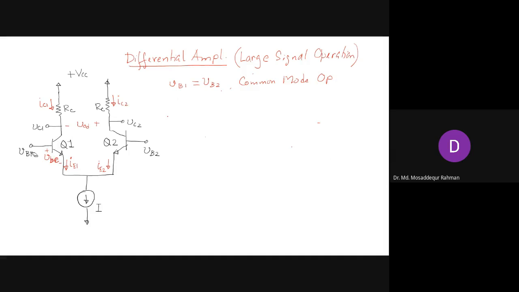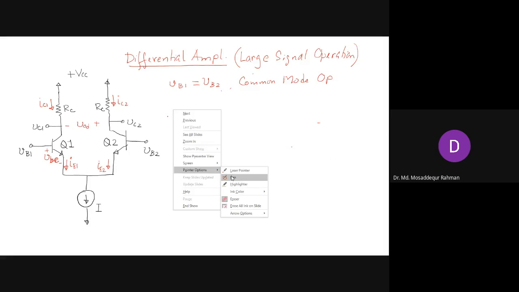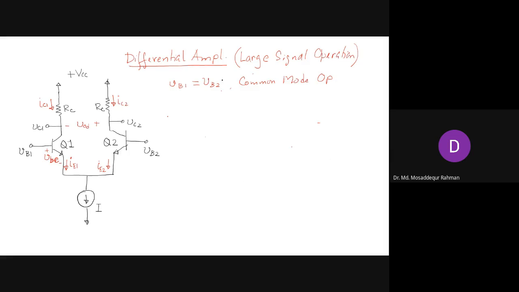So these two are the same, assuming these two the same. Okay. So these two the same means, let's say we call it VCM, right? The VCM is called the common mode. CM stands for common mode voltage. And that also we can show like this.